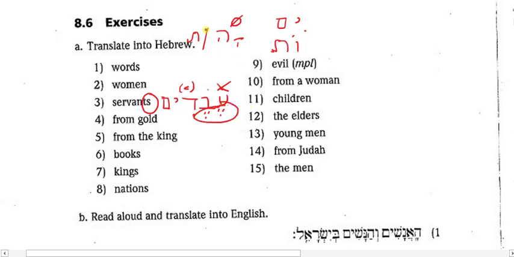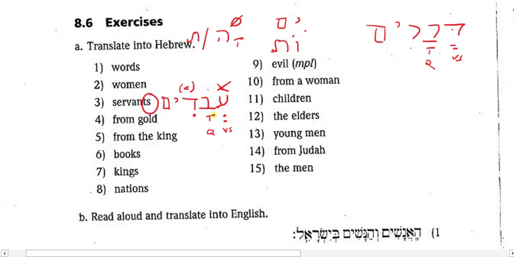So what's the vowel pattern going to be under the first two consonants here? It's going to be vocal shva and qamets. Remember, we're following the pattern of davar when we make it plural. Devarim. Vocal shva qamets. Davar becomes deva.